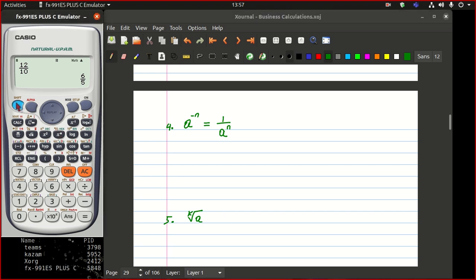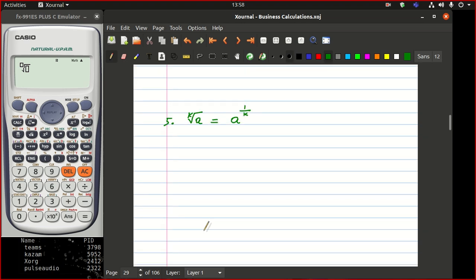So you usually press shift and then you press this here to see that you have something here. You can press OK and then press what is inside here. So this thing here is the same as a. You keep this as a base and then you have a 1 over the k. That's how you end up solving this nice thing there.